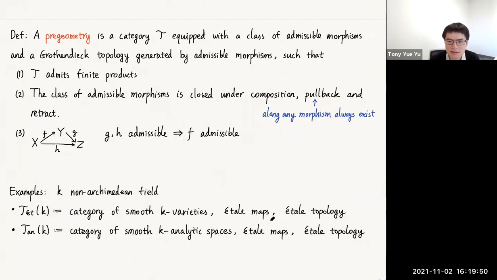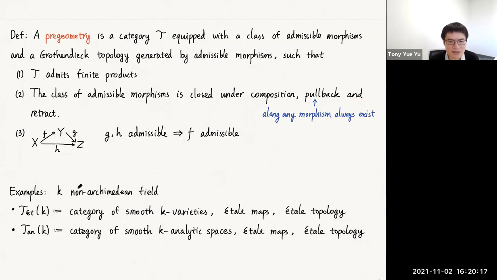We see that it's just straightforward. The étale topology is generated by étale maps, the product of smooth varieties is again smooth, and étale morphisms are very nice and also satisfy all the conditions. So this T_ét(K) is an example of a pregeometry.